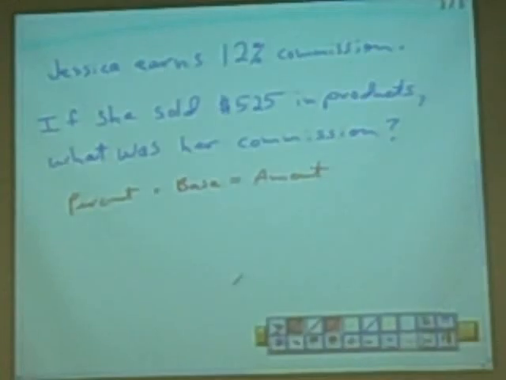12, right? But for these problems, 90% of the time, you're never going to put 12% in the equation. You're either going to write it as 12 over 100, or as 0.12.